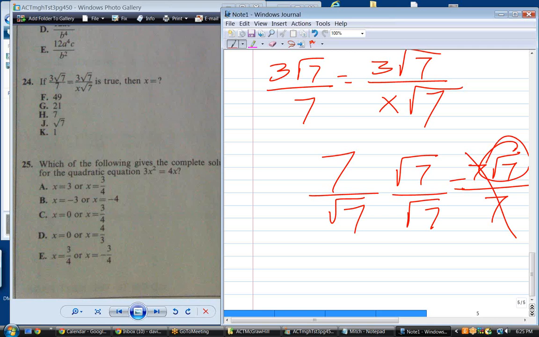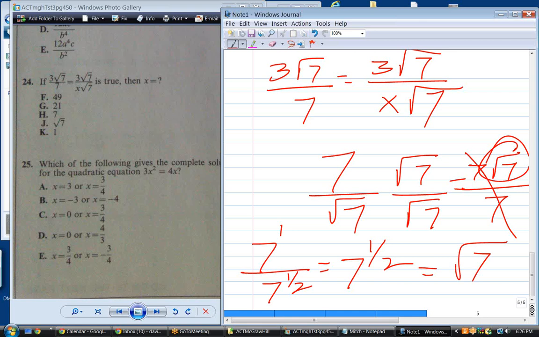The other way I could have done it was to write it as 7 to the 1 divided by 7 to the 1/2. Subtract exponents. 7 to the 1/2, which is square root of 7. Either way works. But the important thing on this problem is that about half of the 60 problems they're going to give you, there's going to be a shortcut for solving.